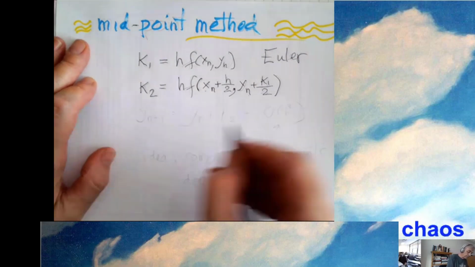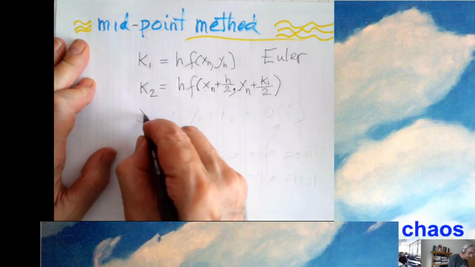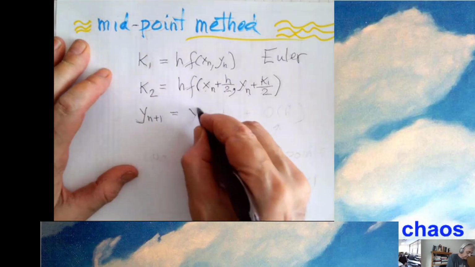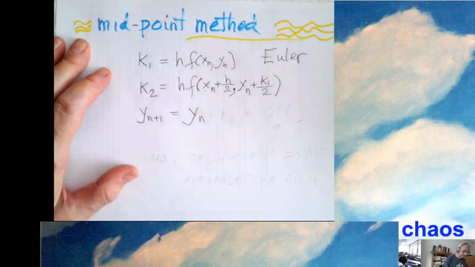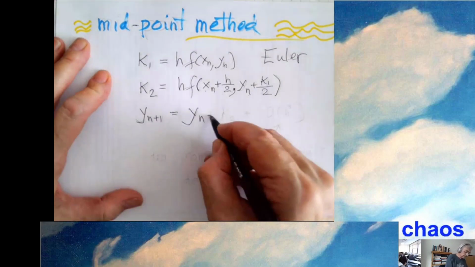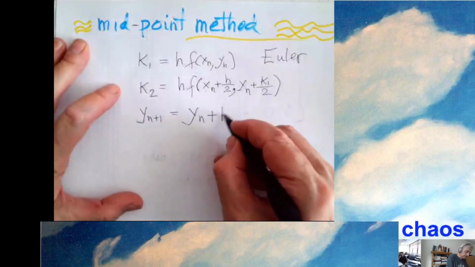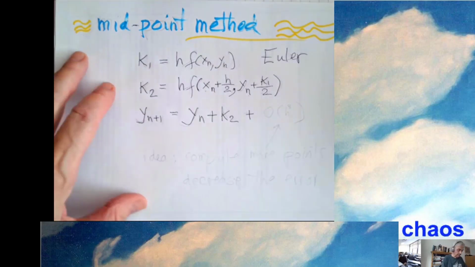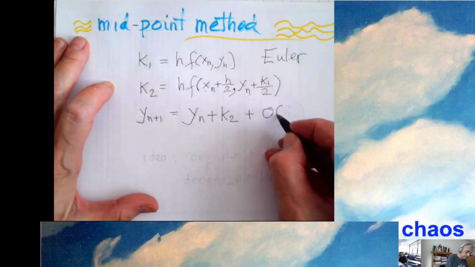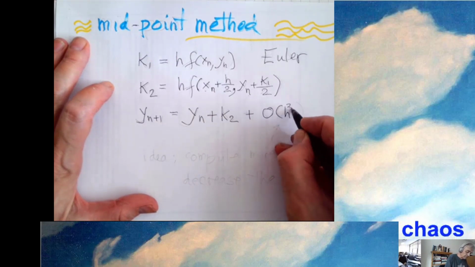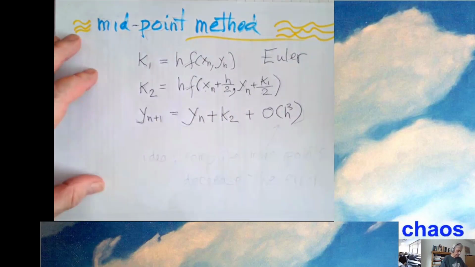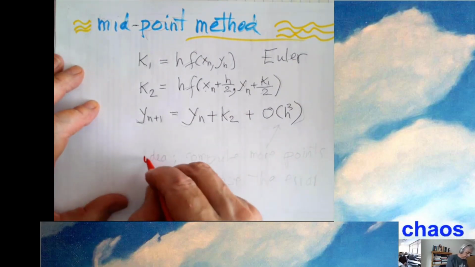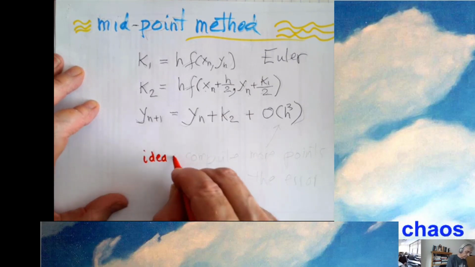And now I have a new formula, which I'll draw you a picture of if this doesn't make sense to you, that says, I start where I started. But then I use this improved guess, the midpoint guess. And then I estimate how big my error is. And it turns out this goes as the time interval to the cube. So it says that if you're clever, you can improve your integral.